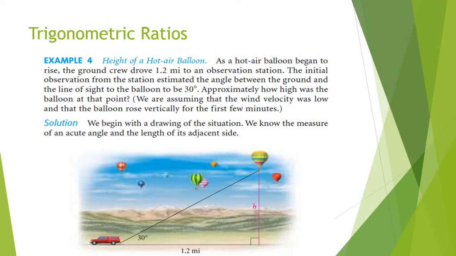Approximately how high was the balloon at that point? We assume that the wind velocity is low and the balloon rose vertically for the first few minutes. What we're going to identify is the height of the balloon from the ground. How high is the balloon already?